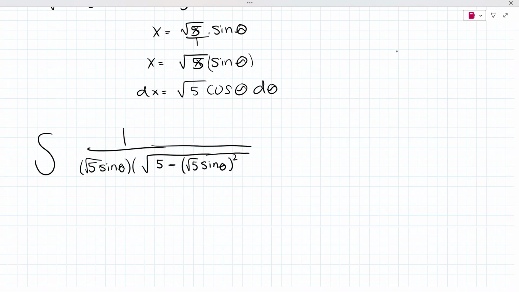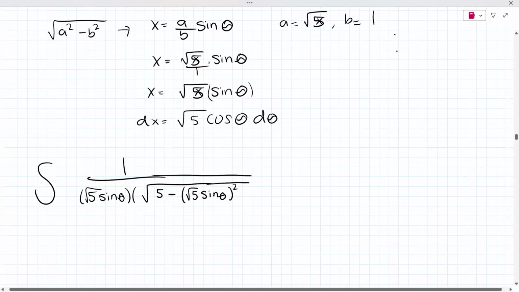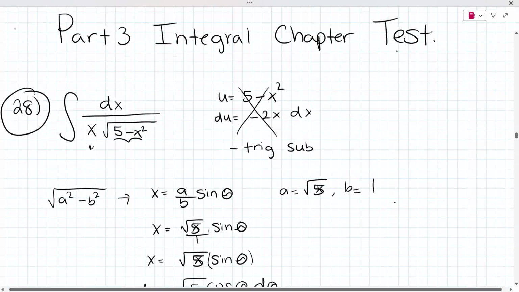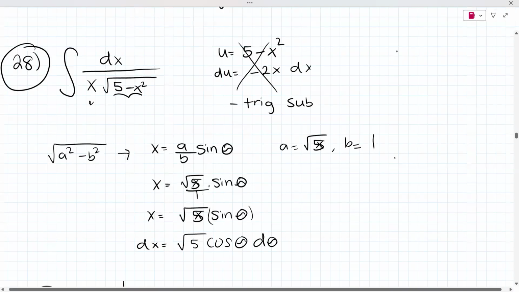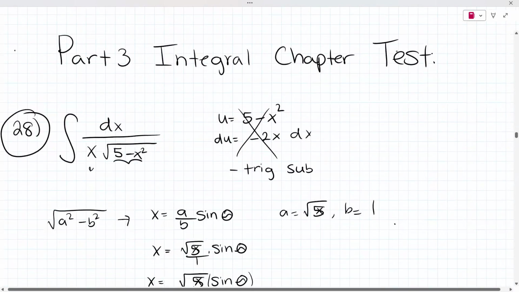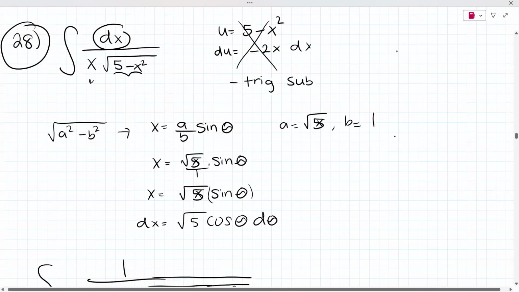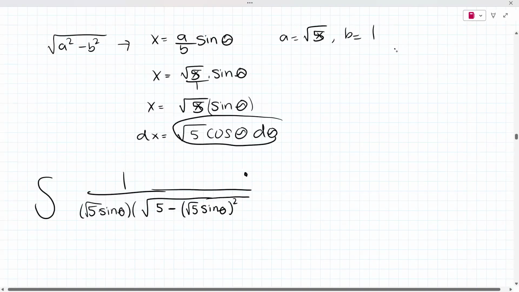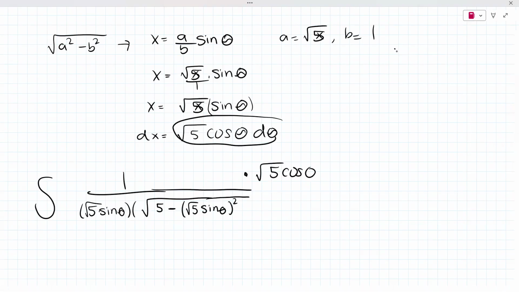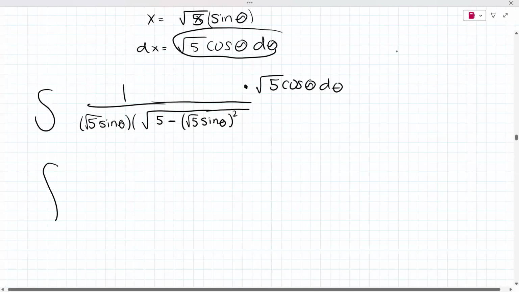Also, don't forget you replace this dx with this. So you could times that on the top or in the center, that's fine. So if you want to, you could put this on the top now.